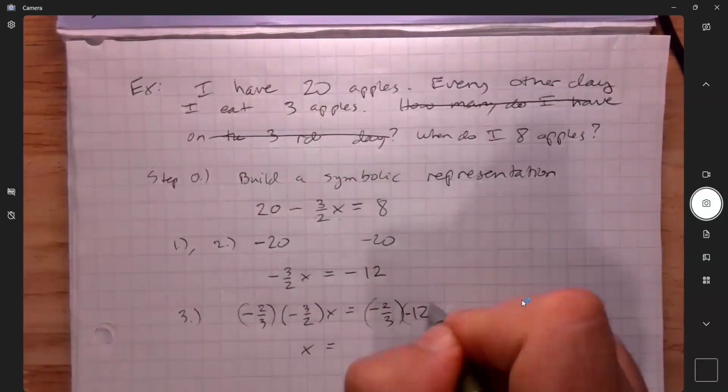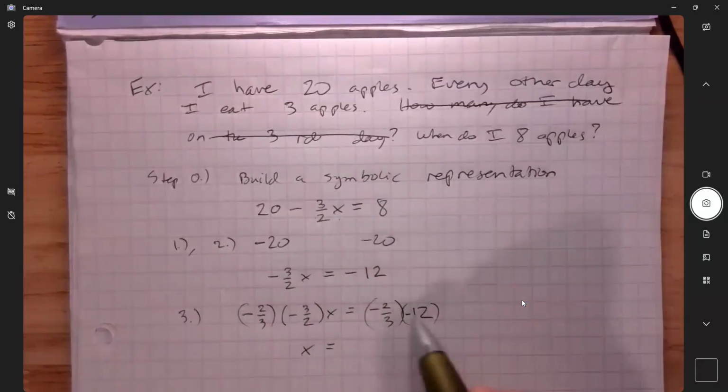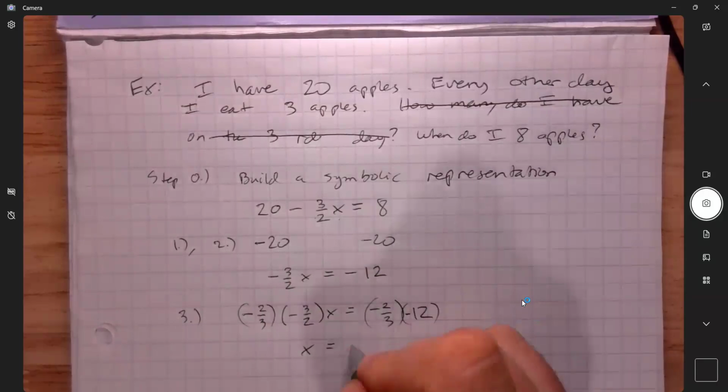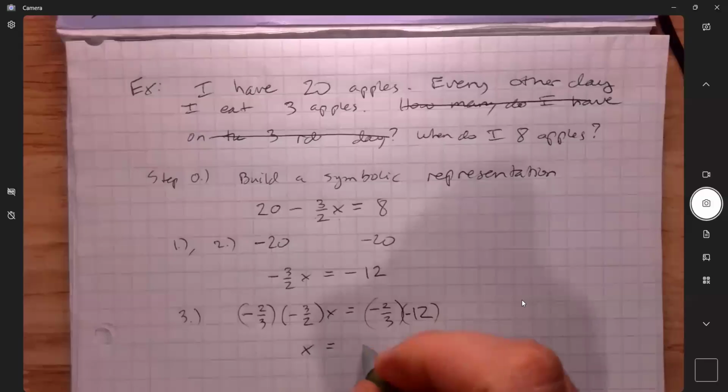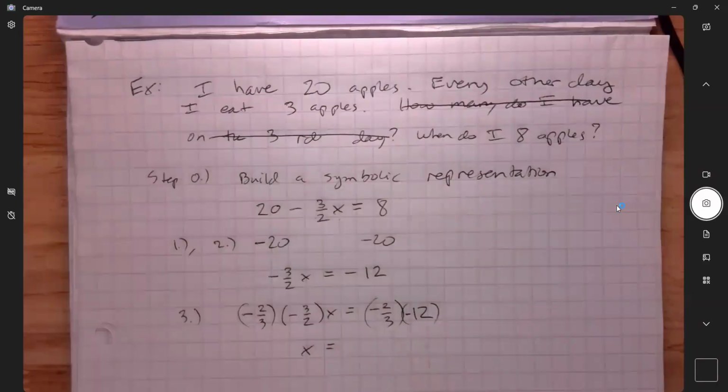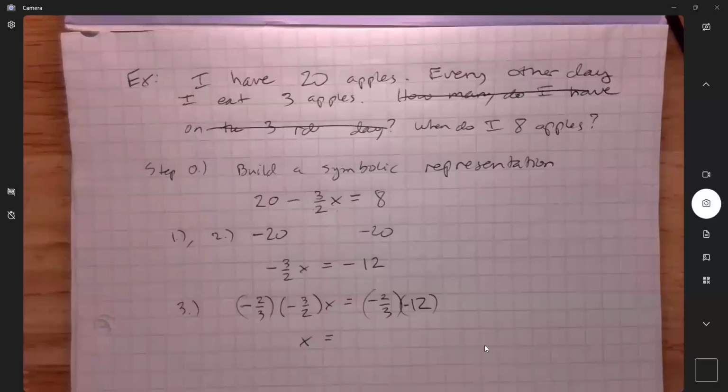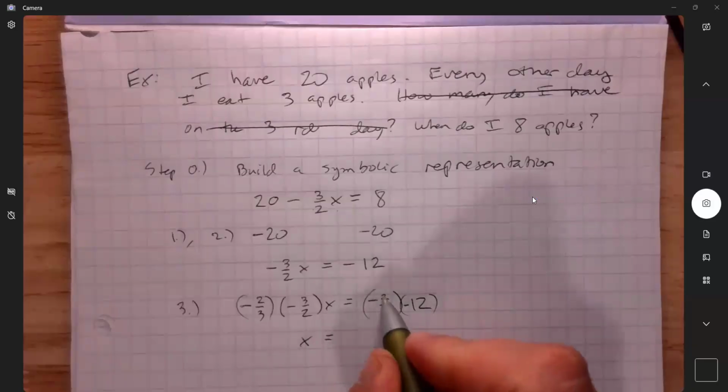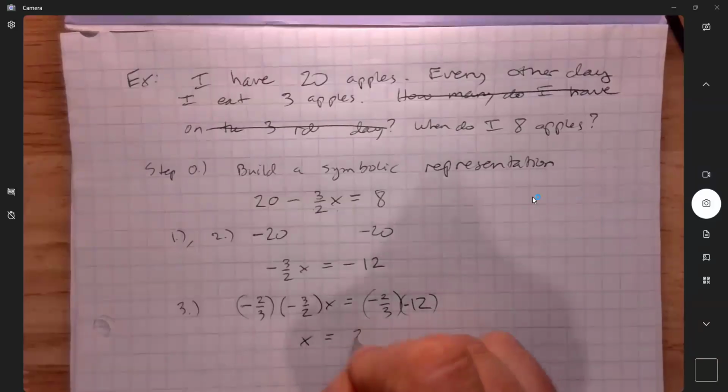That's a negative 12. And a calculator can help if we need to, but that's all right. It should be 8. Negative 2/3 times negative 12 is 8.